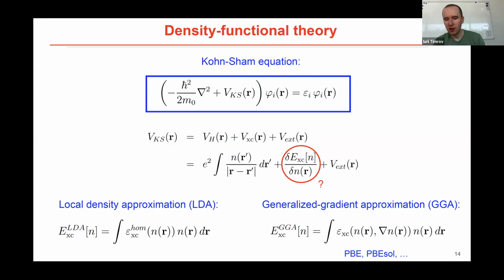And in fact, it improves many properties, but interestingly, sometimes LDA could be even more accurate than GGA. In GGA, there are many, many ways you can design the exchange correlation functional. There is no one unique way. There are many ways to parameterize it, and that's why there are really a lot of GGA functionals.